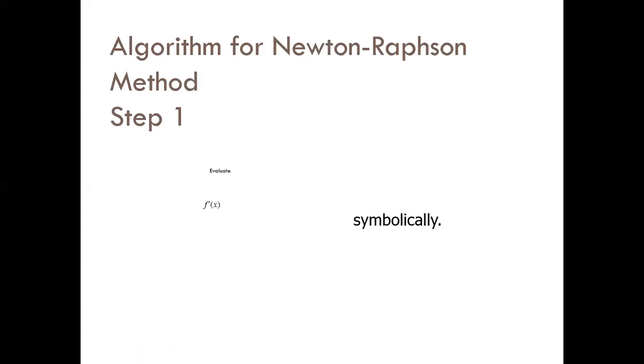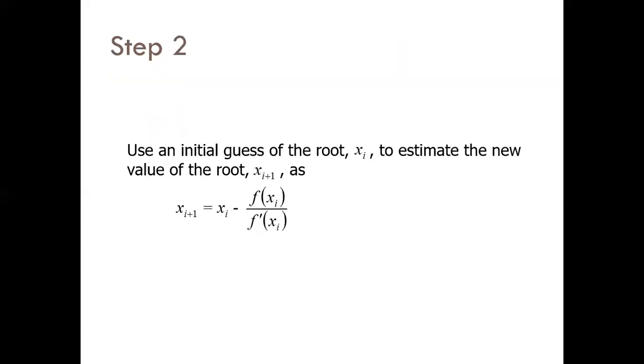The algorithm: these are the steps required to solve the numerical. The first step is to find f dash of x, which means taking the derivative of the function f of x.